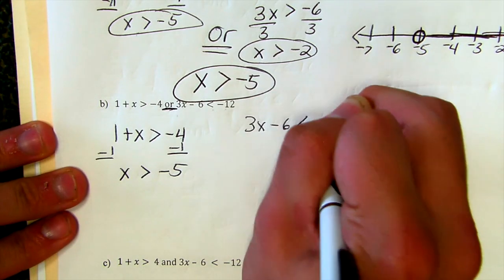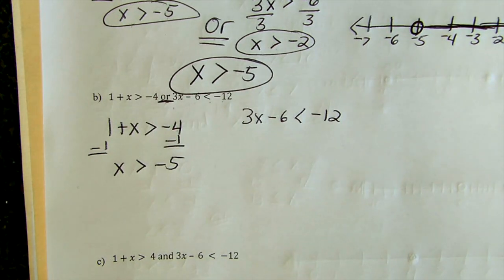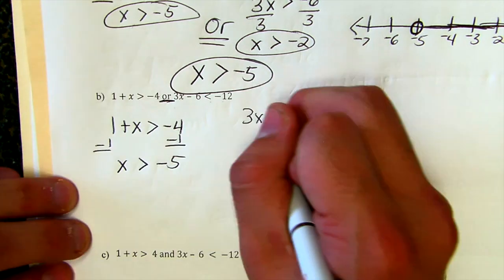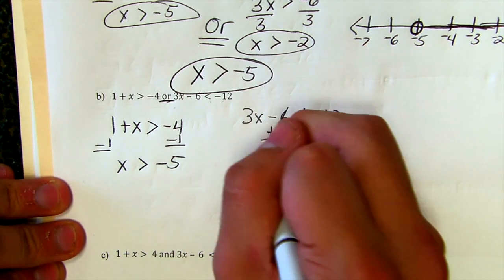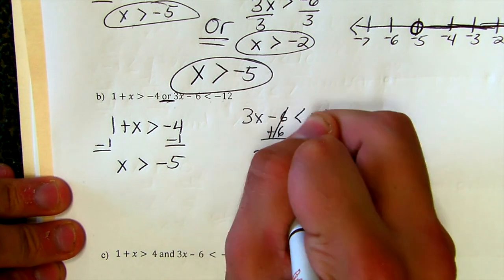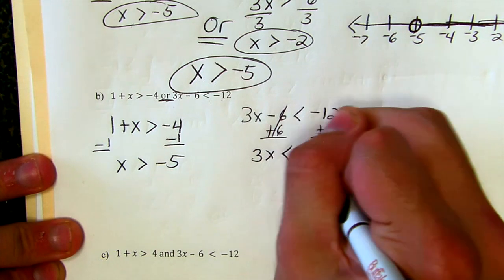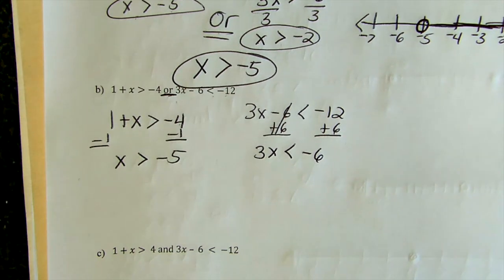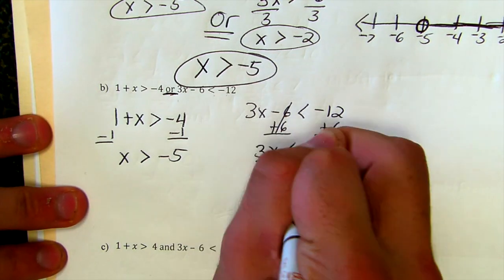And so let's look at our second inequality. We have 3x minus 6 is less than negative 12. So now on both sides, what we're going to do is add 6. So we get that 3x is less than negative 12 plus 6, which is negative 6.